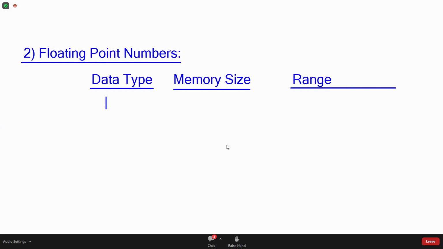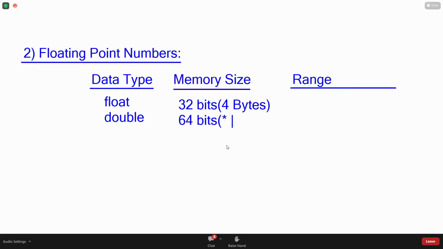Here, two data types are there: float and double. Float is 32 bits, that means 4 bytes. Double is 64 bits, that means 8 bytes.